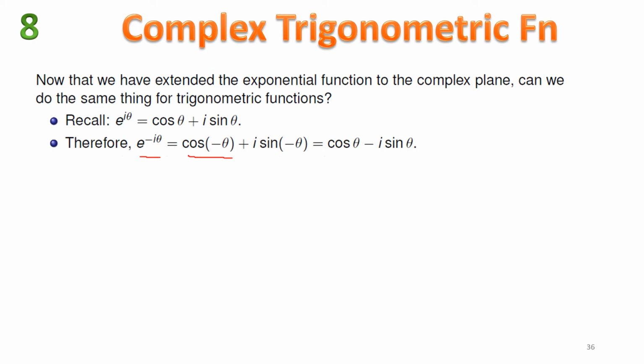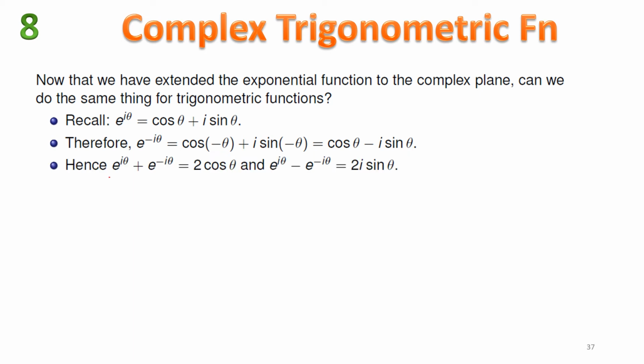So cos of minus theta plus i times sine of minus theta. Cos is a symmetric function, so cos of minus theta is equal to cos theta, and sine is an anti-symmetric function, so sine of minus theta is equal to minus sine theta. So here we have e to the power minus i theta expressed like this.